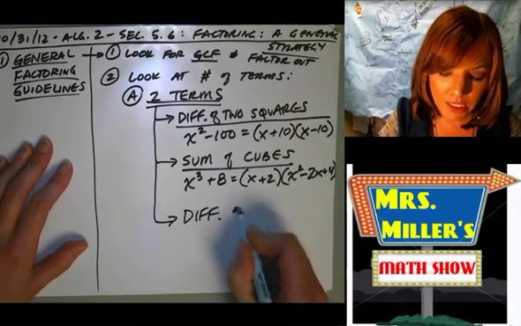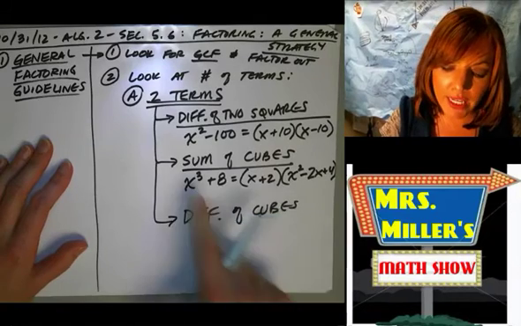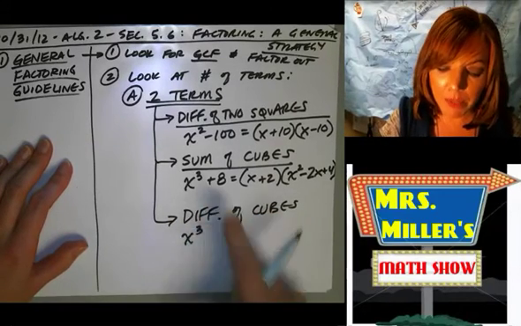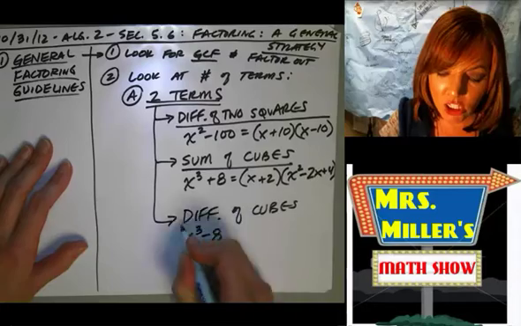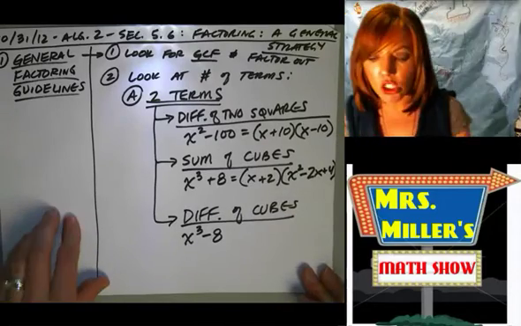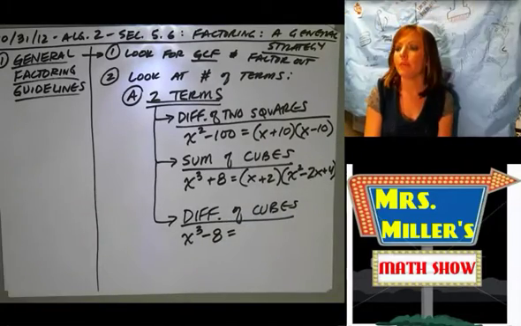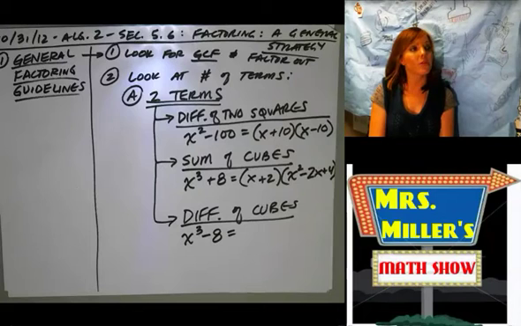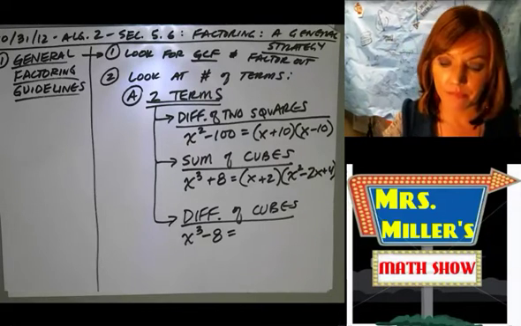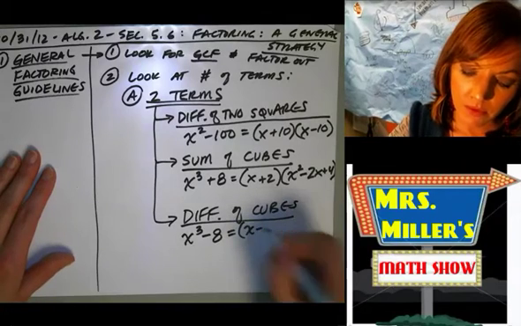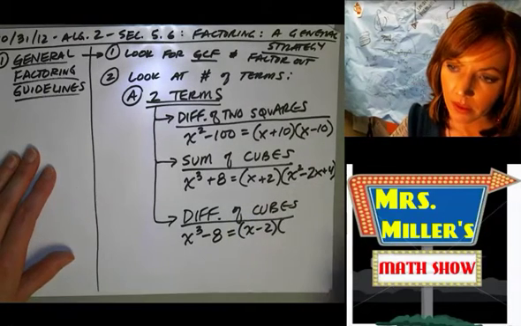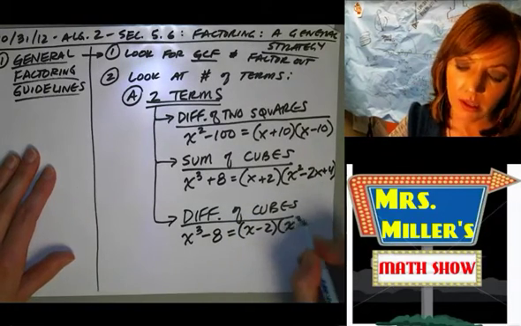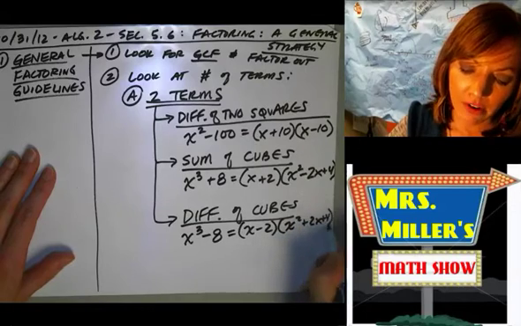This is where everything is the same, except instead of it being x cubed plus 8, it's x cubed minus 8. So does anybody remember from yesterday how that would be factored? The only difference here is the signs. x cubed minus 8. Brandon? Good? All right, everybody give it up for Brandon.